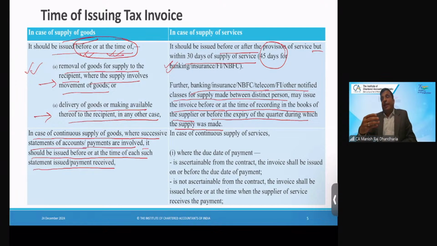Like, for example, as I discussed, a software has been purchased and the billing will be done on the basis of usage. Now, there it has been mentioned that after every quarter, we will do the settlement and invoicing. So the due date is every quarter. So in that case, the invoice will be issued on the due date, or again, I'll say before that.